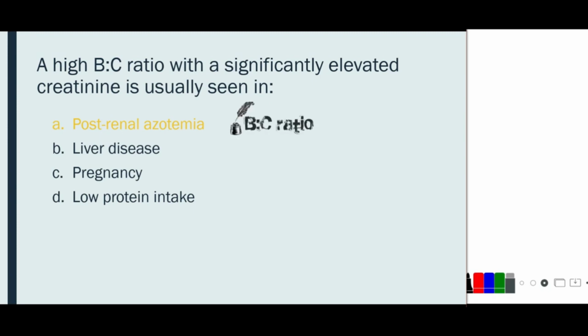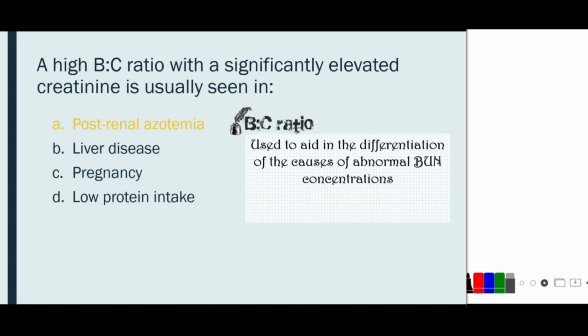So what is this BC ratio? It simply refers to the ratio between that of your BUN and creatinine. And as what I have mentioned, it is used to aid in the differentiation of the specific cause of abnormal BUN concentration or the diagnosis of the specific problem with the patient's kidney.